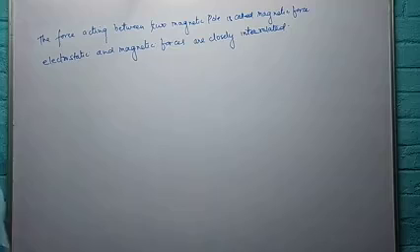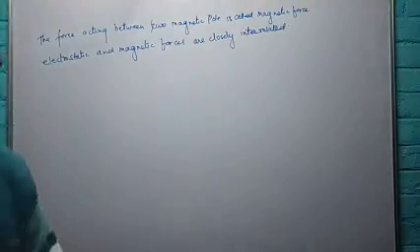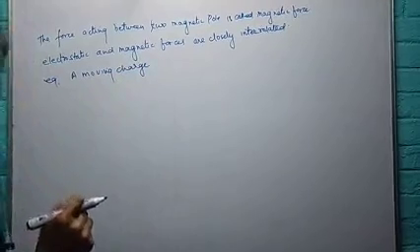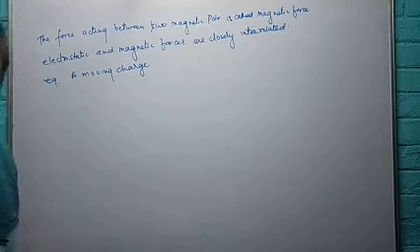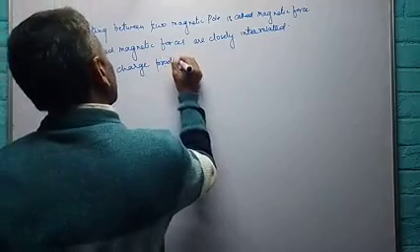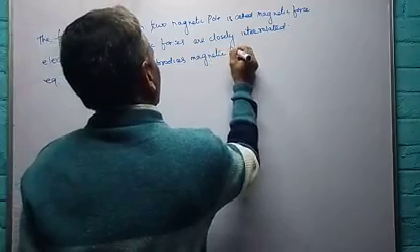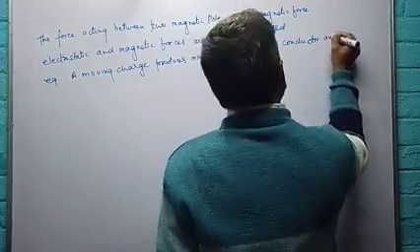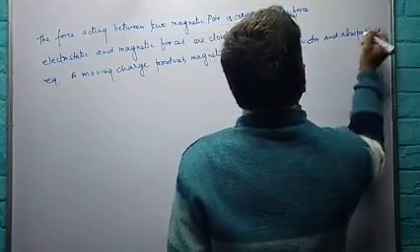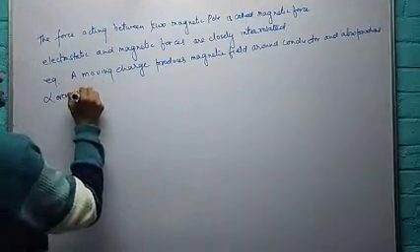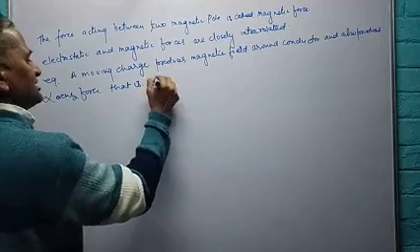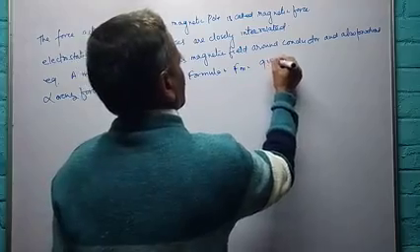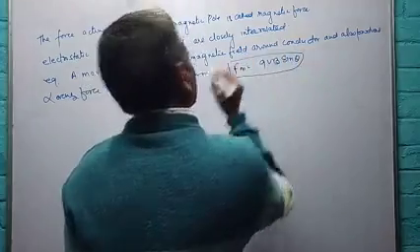For example, a moving charge produces a magnetic field around a conductor and also produces Lorentz force, that is given by the formula Fm equal to QVB sin theta.